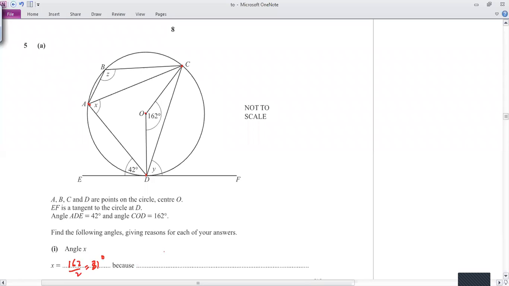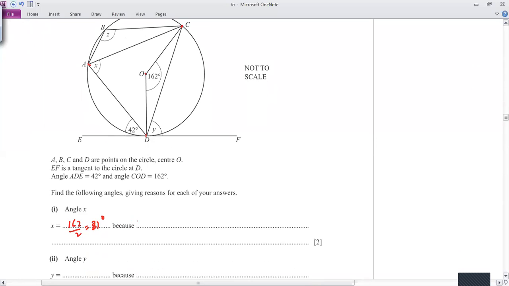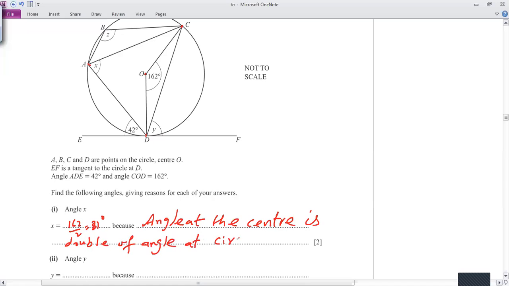The reason is angle at the center is double the angle at the circumference. That theorem we are using. Because look, the angle at the center is made by DC and the one at the circumference is also made by DC. So I will say angle at the center is double the angle at circumference.